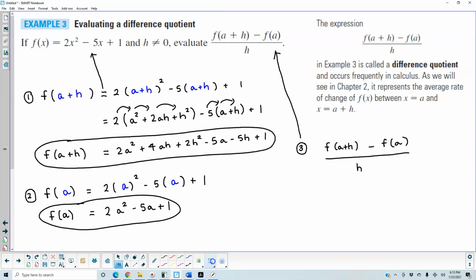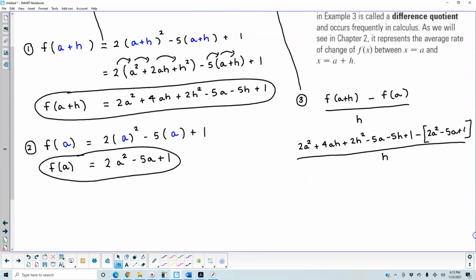That means we're going to replace f of a plus h with 2a squared plus 4ah plus 2h squared minus 5a minus 5h plus 1, and then we're subtracting what we got for f of a. So that means we're going to have to use a parenthesis or a bracket, and that is 2a squared minus 5a plus 1, and then we're dividing this entire thing by h.